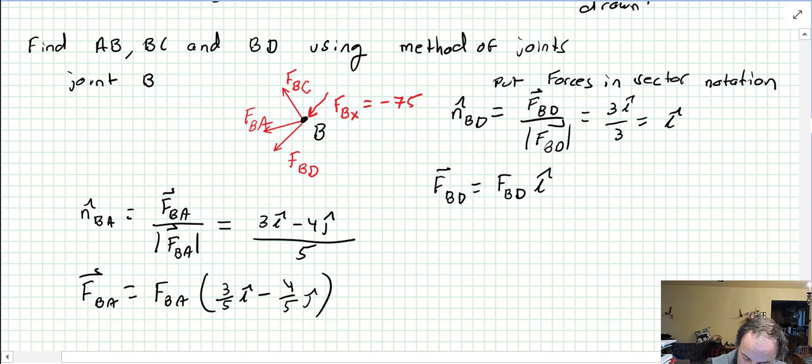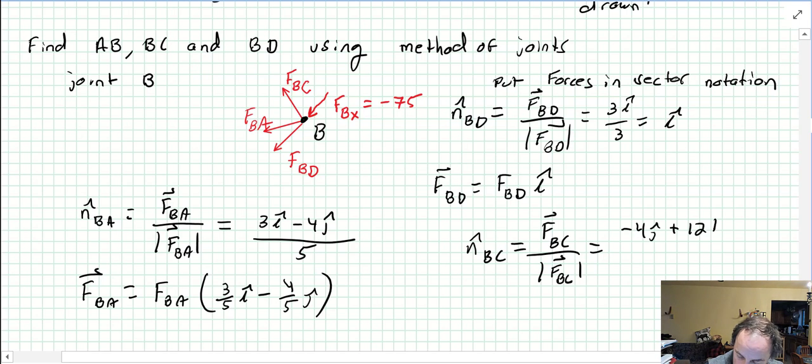And then the unit vector BC, force BC over magnitude BC, minus 4J plus 12K over square root of 160.